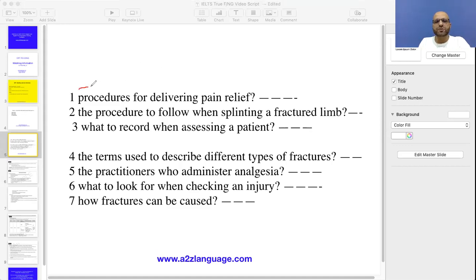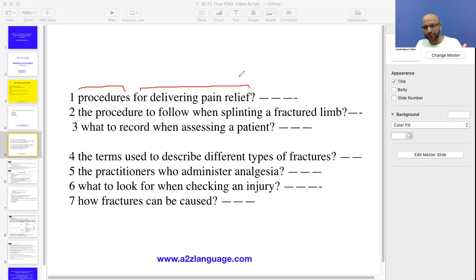Now, procedures for delivering pain relief. This question in this reading task asks us to find out which paragraph a procedure for delivering pain relief belongs to.